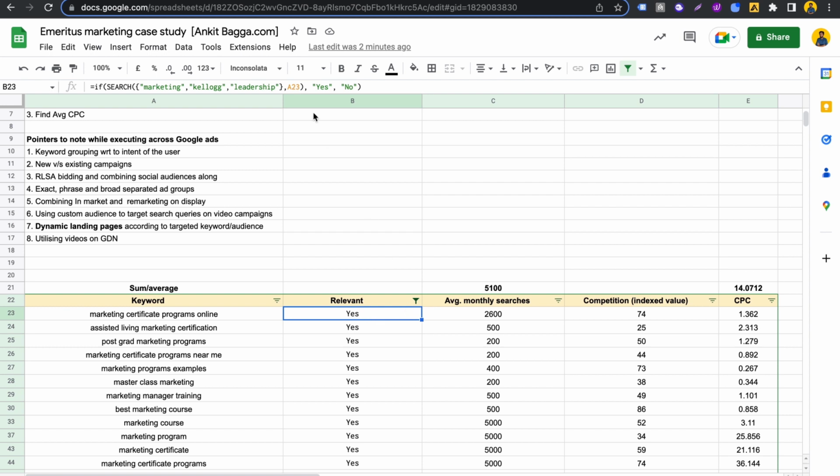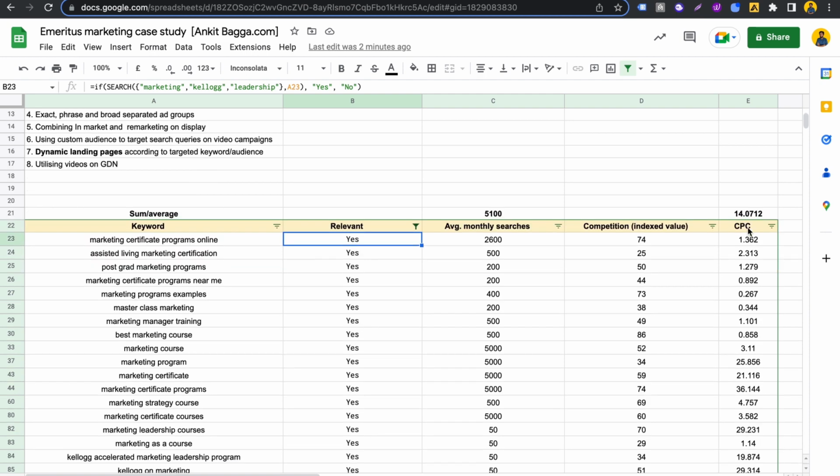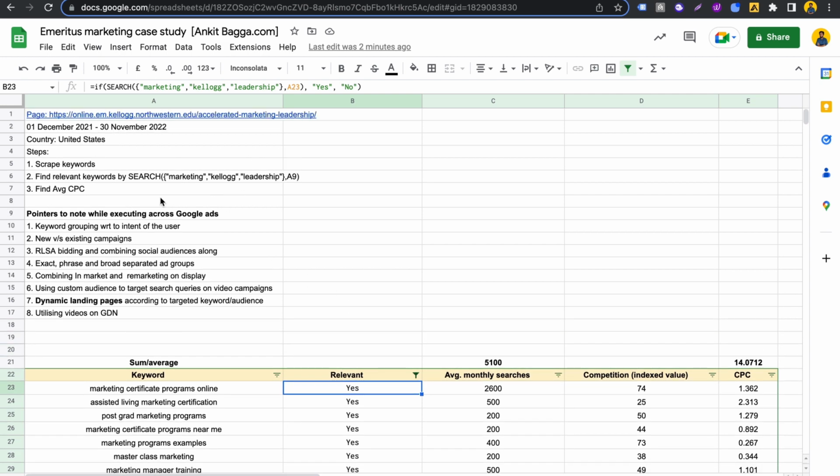What I've done here, if you look at the formula, is basically: if the keyword contains marketing, Kellogg's or leadership, all these three being the important keywords that I need, and if yes, then filter the yes column and find the average CPC. This will come in handy when we are figuring out what the key metrics will be. But for now, the broadest thing is to find out the relevant keywords and the average CPC for these keywords.